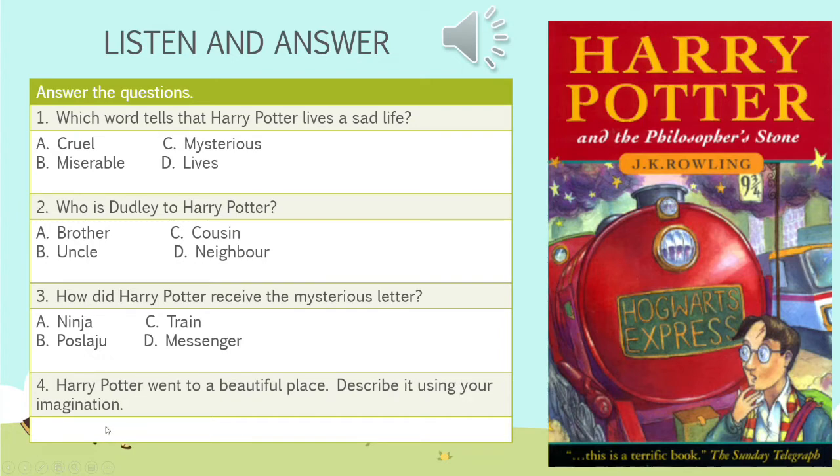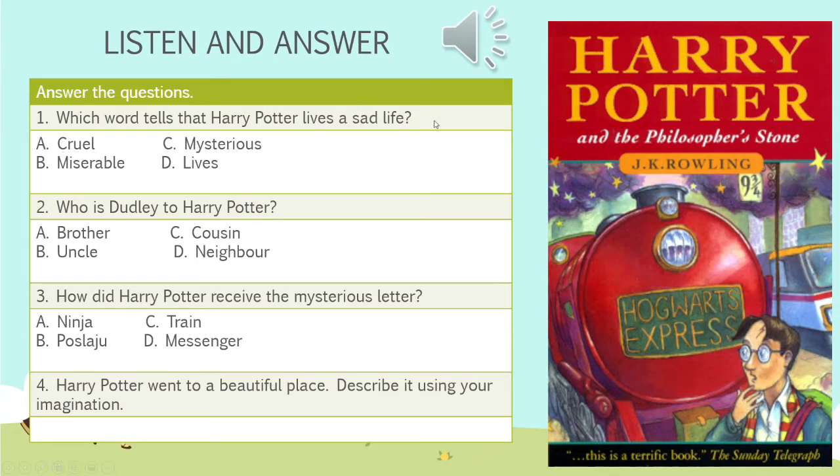Alright, over here, what I did just now was, I introduced you to the book. I guided you to look at the picture here. Look at the title and the author and the picture. Next, I guided you to read the questions. For listening activity, it is important for you to study everything that you have in front of you.